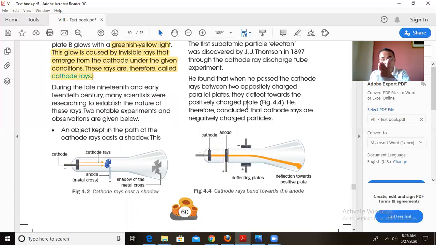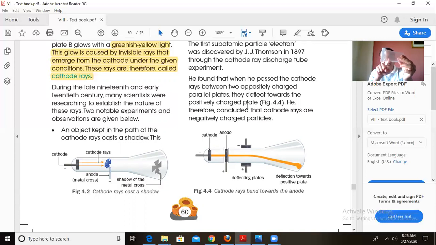When the cathode rays were traveling, a negative plate was placed, a positive plate was placed. And he found that these cathode rays were attracted downside, towards the positive plate. When traveling in a straight way, they were deflected a little bit down.